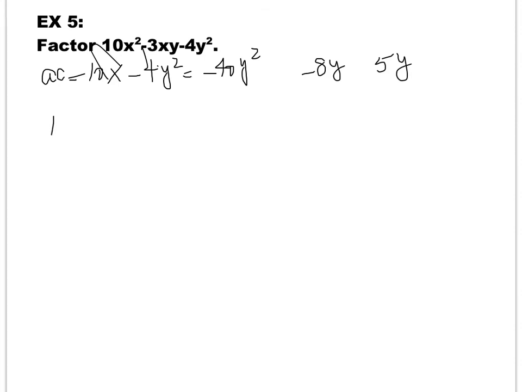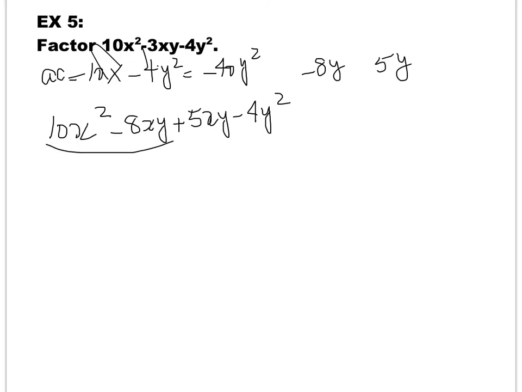So I can write 10x squared minus 3xy as negative 8xy plus 5xy minus 4y squared. Again, I take these two terms and these two terms. The first two terms, the common factor is going to be 2x.